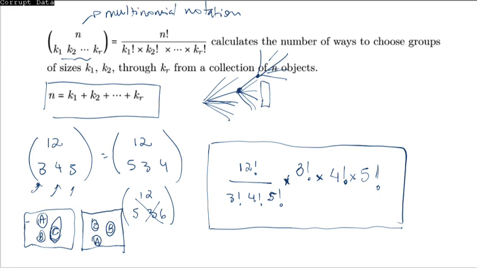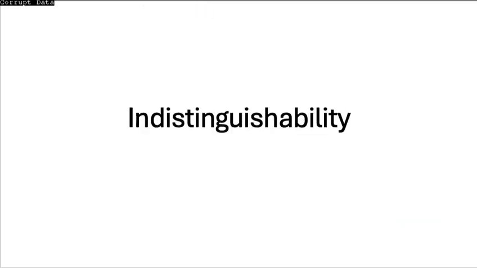All right. So now let's talk about indistinguishability. When we are grouping, it doesn't matter if we're doing one group or multiple groups. Again, one group means doing 2, so it's the binomial notation because of that. Once you group one part, you're actually leaving out the other, so it's a bi-grouping, and multinomial is multi-grouping.